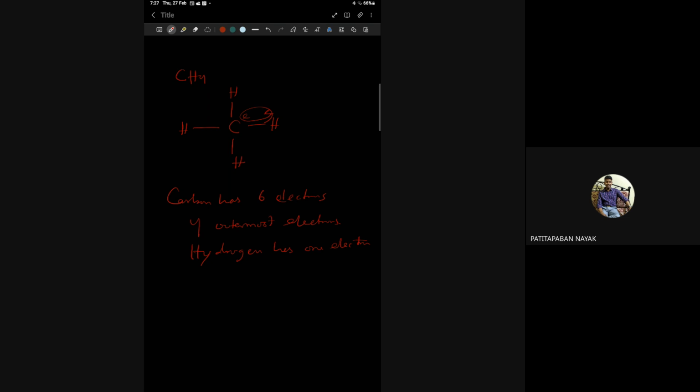So the electron orbitals interact and form a composite orbital. If a covalent bond is formed, they form shared electron pairs, and these shared electron pairs contribute to the stability of both carbon and hydrogen.